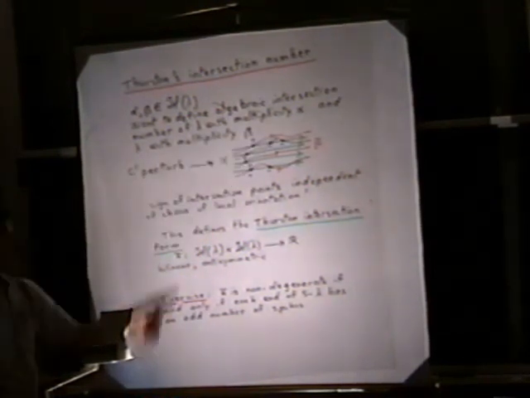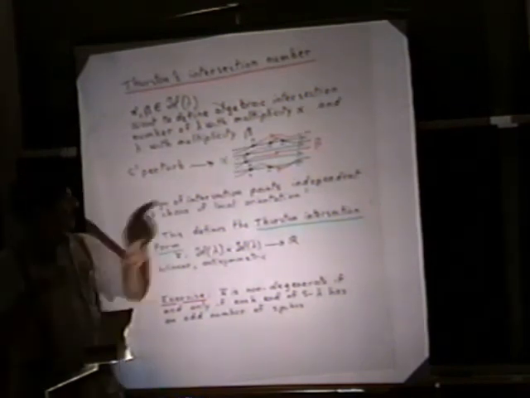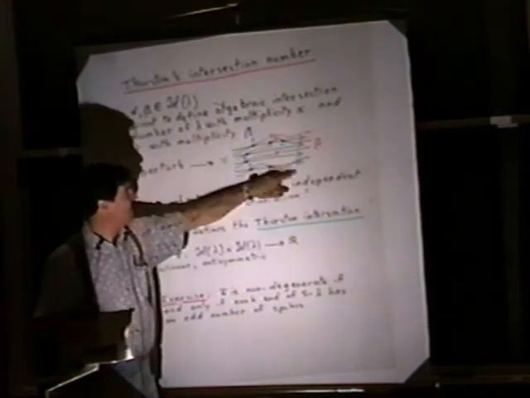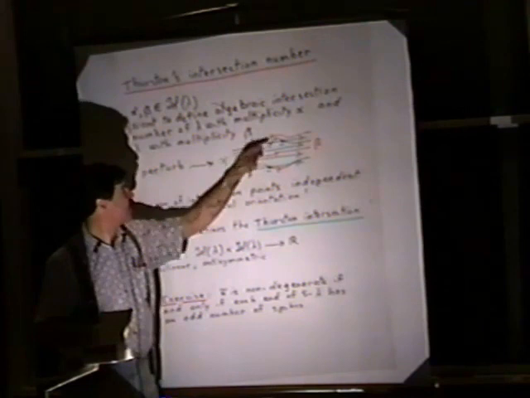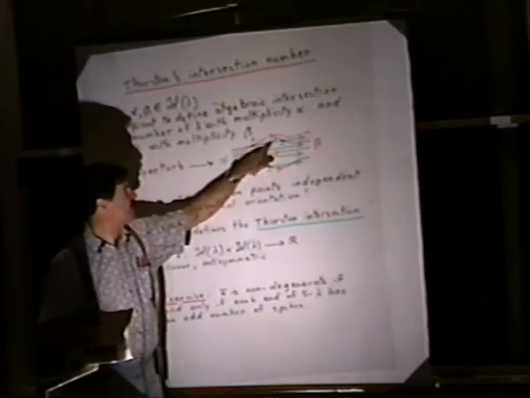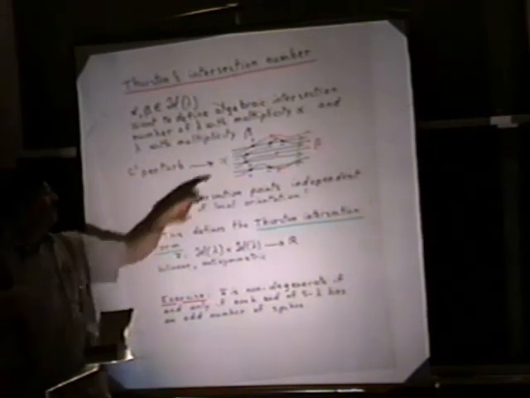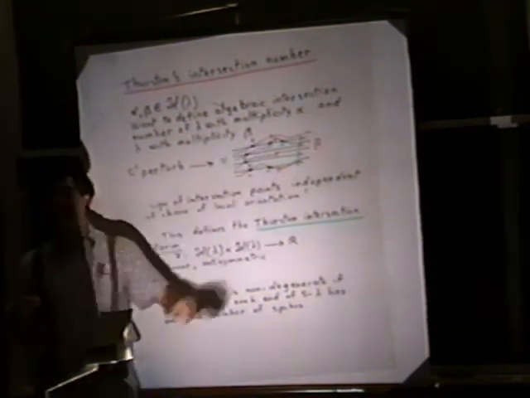And then I claim that to each intersection point, you can put a sign on it. Let's say that on the first one, I chose orientation going this way. The second one becomes oriented too, because it was a perturbation. So that gives me a plus sign or minus sign on this one. Now, if I reverse the orientation of the green one, I'm also going to have to reverse the orientation of the red one.